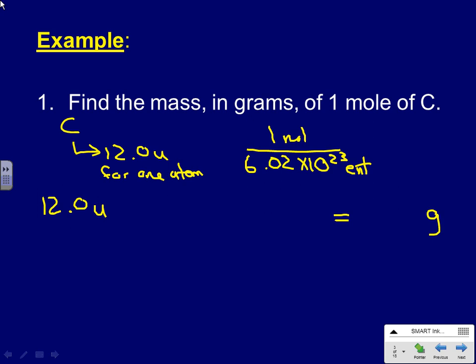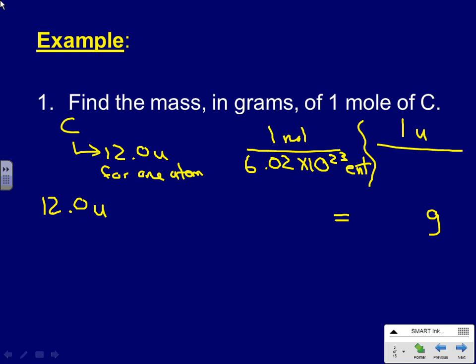Now, I do not have a conversion factor that converts U to grams. I have a conversion factor that will convert atoms to U, but I need one more conversion factor, 1 U. And this conversion factor I used to teach in great detail. We used it quite a bit, but it really doesn't serve a lot of purpose. 1 U is a very tiny mass unit.